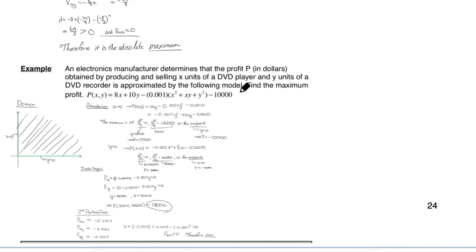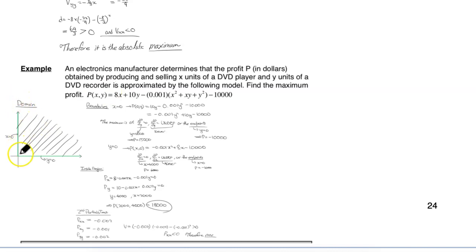So first, let's sketch the domain. What are possible values of x and y? This time, the domain is limited by common sense. We cannot build negative units of DVD players or DVD recorders. We could decide to completely ignore one of them, so we would make 0 DVD players and y DVD recorders, or vice versa.